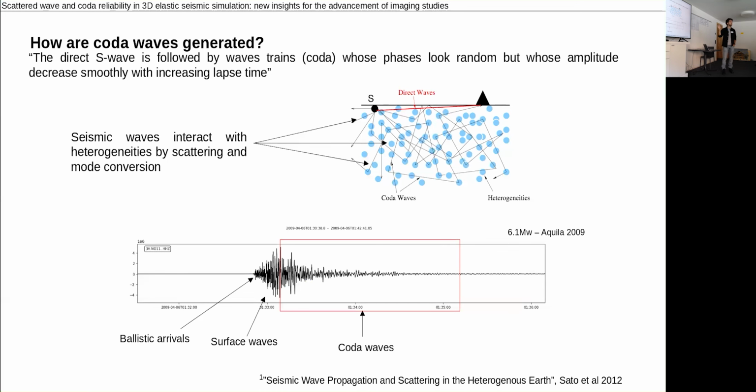When waves propagate in a medium in which there are some heterogeneities, we will see scattering and mode conversion of waves, which means that at any observation point, following the arrivals of the ballistic waves, we will have the so-called coda, which is a signal composed of phases which look random, even if they are not, and whose amplitude decreases smoothly over time.